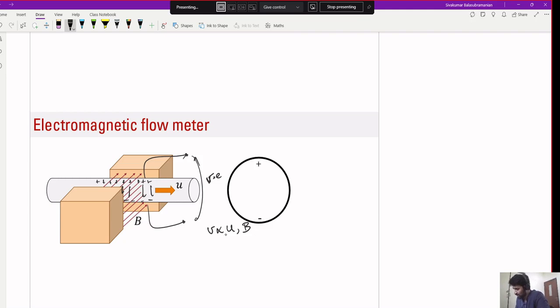Notice that what you will measure here is the average velocity, because if this is a blood vessel, the velocity profile is likely to be like this. So what you measure is the average velocity of the contents of the tube.